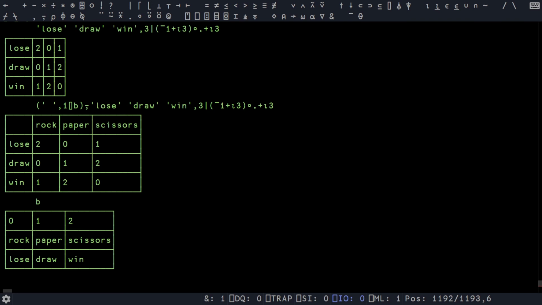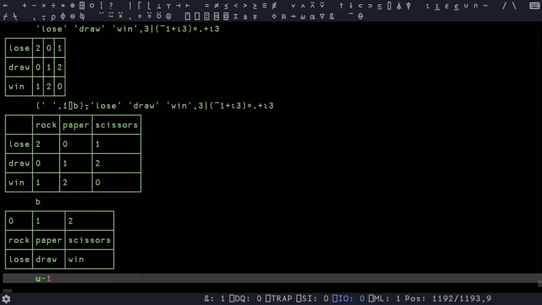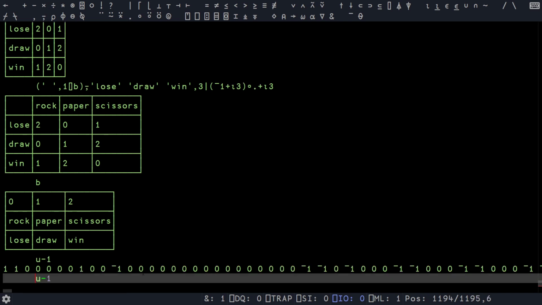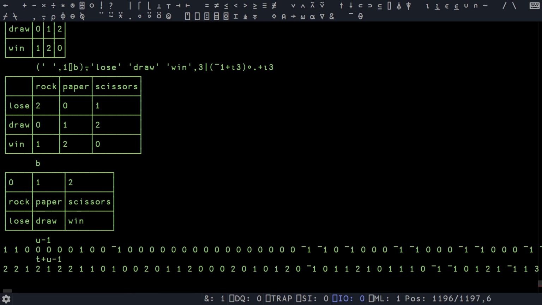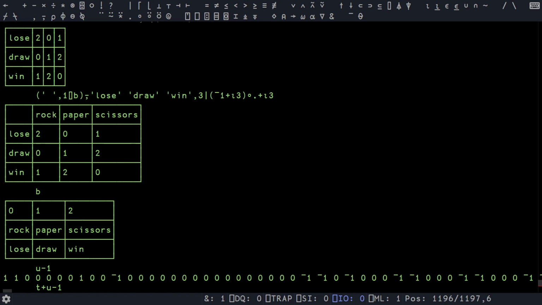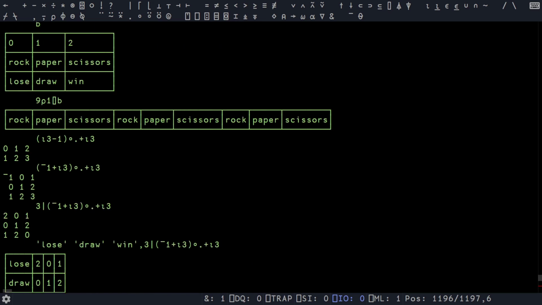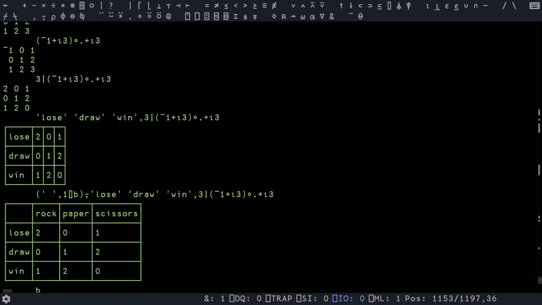So in this case, we take us -1 to shift it over like we need, and then we take them plus us in order to translate our shift into the move that they throw.